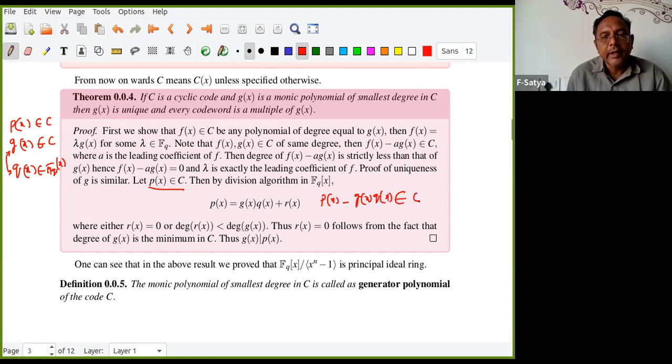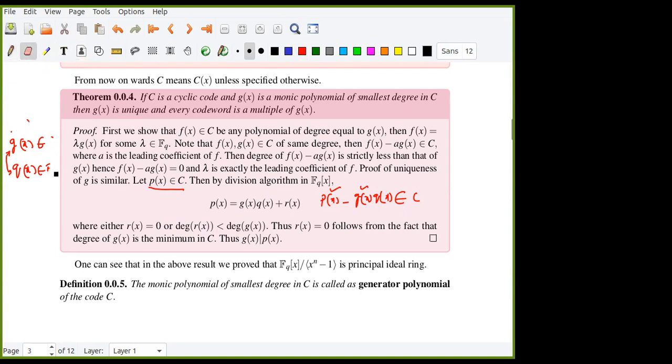It is again in C, because C is an ideal. g(x) is there, then the product is also there. So the difference is there. Then r(x) is in C. But if r(x) is non-zero, then there is a problem with minimum degree. Is it now clear? Yes, sir.